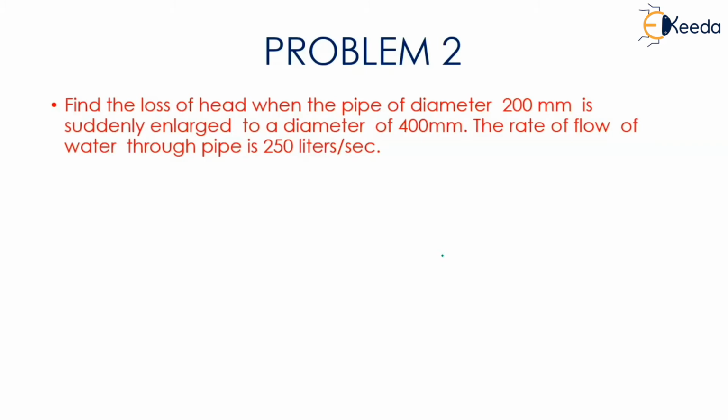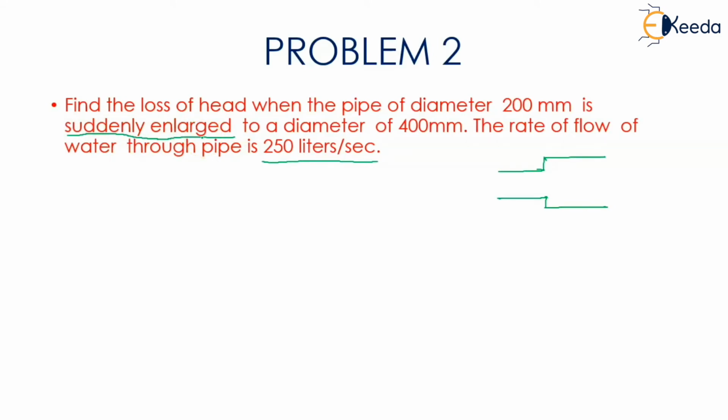In the question, you are given that in the starting you have a pipe which is 200 mm in diameter and it suddenly gets enlarged to 400 mm diameter, and the discharge given to you is 250 liters per second. So we need to calculate the head loss due to sudden enlargement of the pipe.